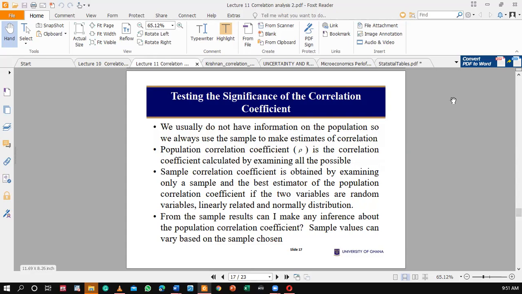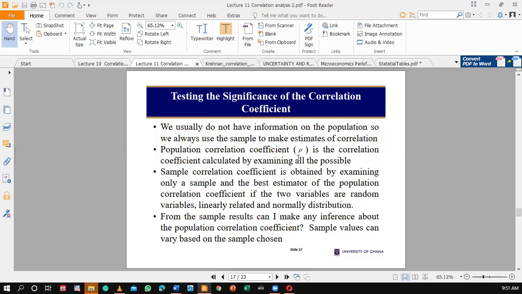So now, assuming that we use rho to denote the population correlation coefficient, we want to test for the significance of this rho. If rho is equal to 0, then it means that there's no relationship between the population variables. So there will be no correlation at all.